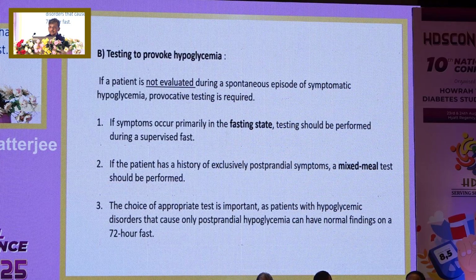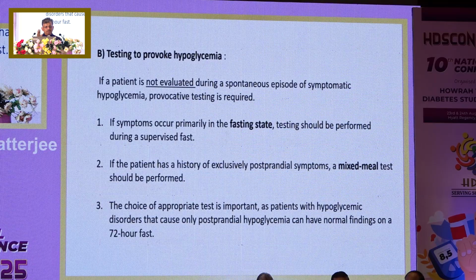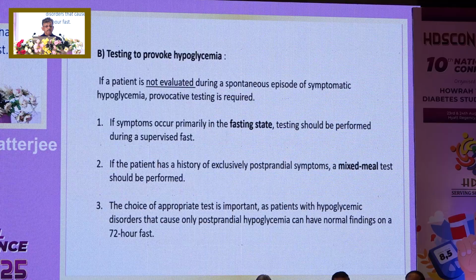If the patient is not hypoglycemic at present but has had an episode of hypoglycemia that we were unable to test, you can provoke hypoglycemia by fasting, and mainly we follow two methods that I will just tell you. One is a fasting test and one is a mixed meal test.